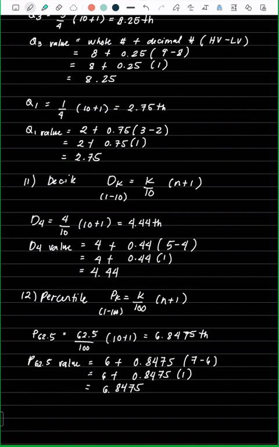That would be 6 plus 0.875 multiplied to 1, and our value would still be 6.875. All right, so there you go. This is what we're going to do if we will be dealing with ungrouped data.